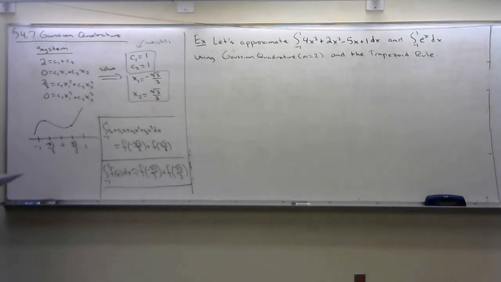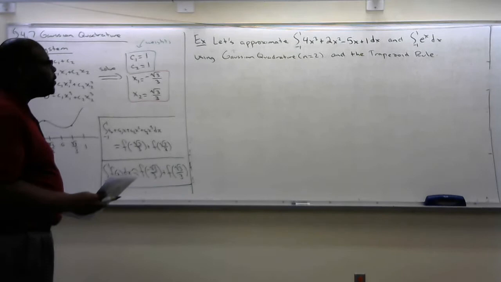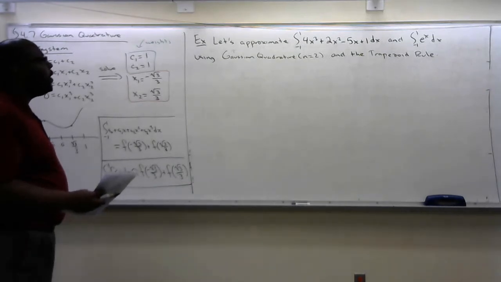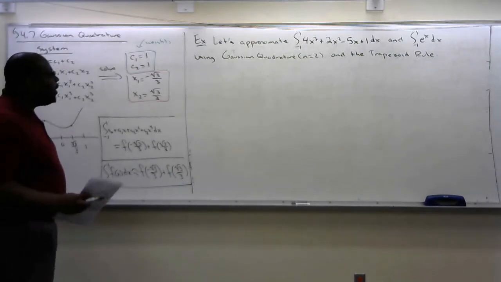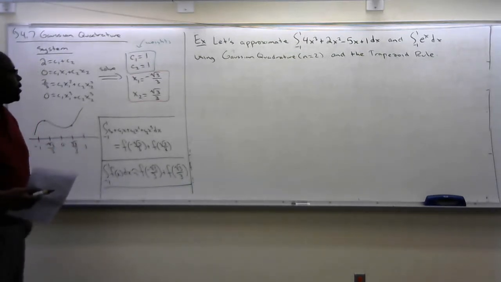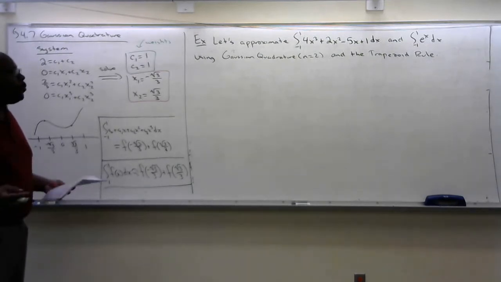Okay. Let's approximate -1 to 1 of 4x cubed plus 2x squared minus 5x plus 1 dx and -1 to 1 of e to the x dx using Gaussian quadrature n equal 2. That's what we just got to be doing, right? We use 2 points and the trapezoid rule, right? Which is also a 2-point method, right?